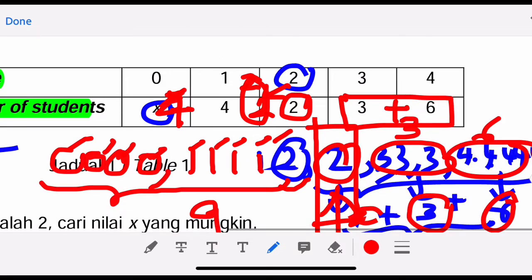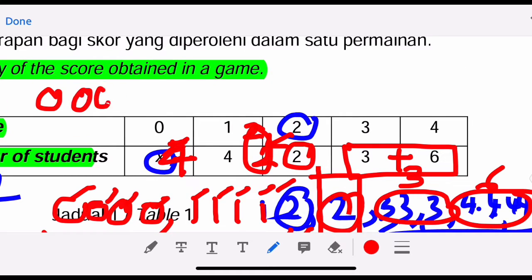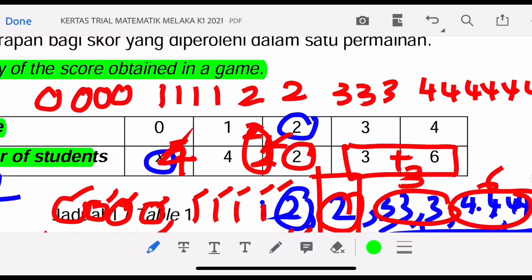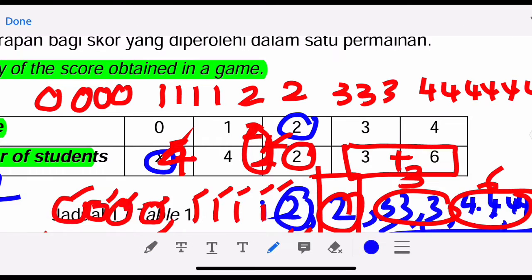So the answer is something like that, 0, 0, 0, 4, 0. You have 1, 1, 4, 1. You have 1, 2 here, and you have 1, 2 here, and you have 3, 3, 3, and you have 4, 4, 4, 4, 4, 4. So you can see clearly you have here 6, here 3 data.